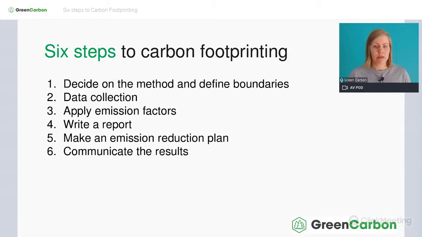Number 1 is to decide the method and define the boundaries. Number 2 is data collection, and when you have the data, you apply emission factors. Then you have the results, so you write the report and make an emission reduction plan, and lastly, you communicate those results.